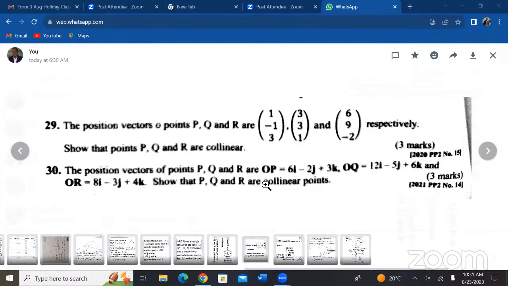And for you to get a coordinate of a point using vectors, we need to relate it to the origin of the Cartesian plane. I hope that is clear.